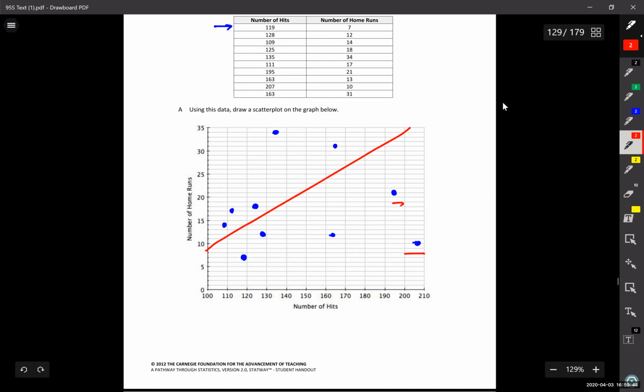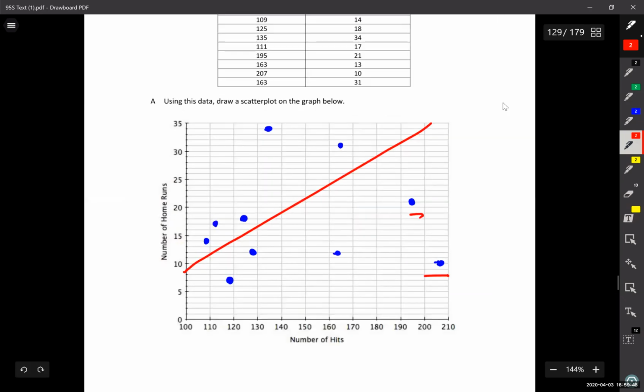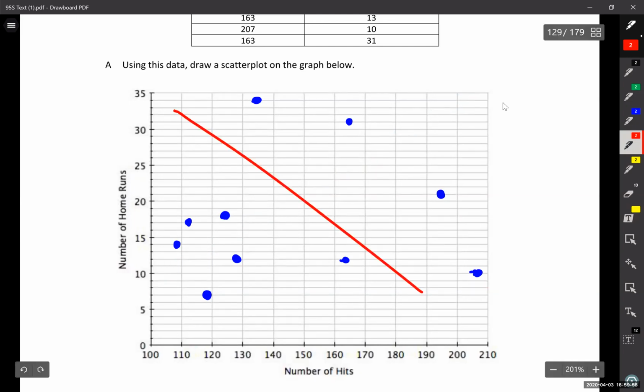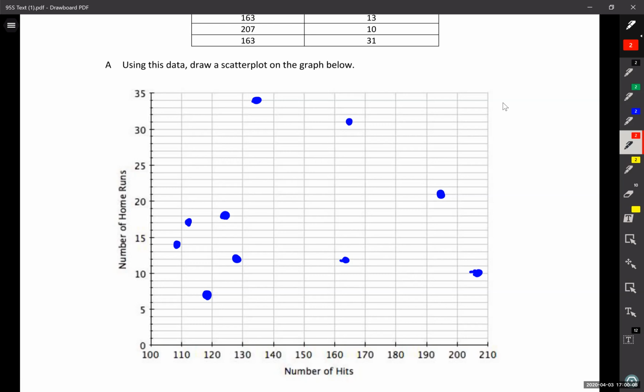Let's try down. I'm trying to erase the red without erasing the blue, but it's just not happening today. There we go. So let's try drawing it down. Does that line describe the dots? Ugh, I would say not really. If they're both kind of, maybe sort of, then it's neither, because it can't be both. If you're feeling like you can't make a clear decision either way, then the answer is neither.